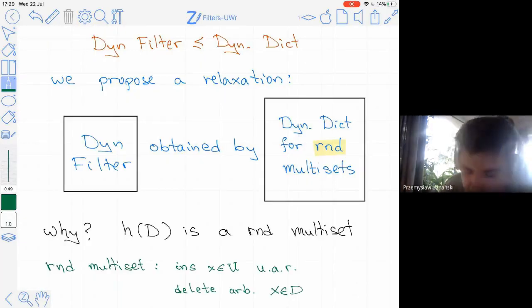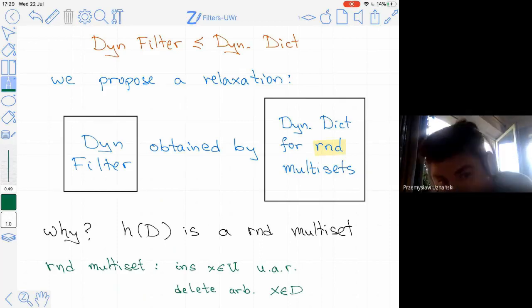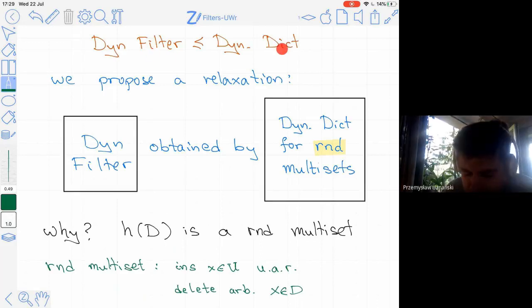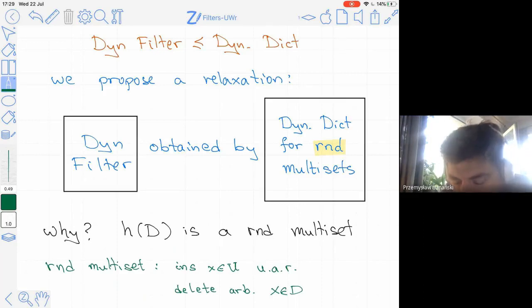So our first contribution was that we noticed that this reduction of how to use a dynamic filter using a dynamic dictionary does not actually require the dynamic dictionary to support arbitrary multisets. It suffices if the dynamic dictionary supports random multisets.